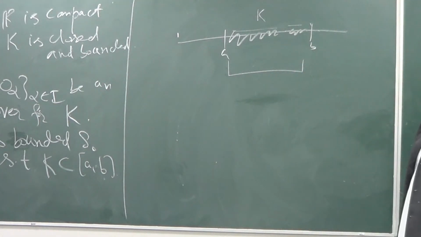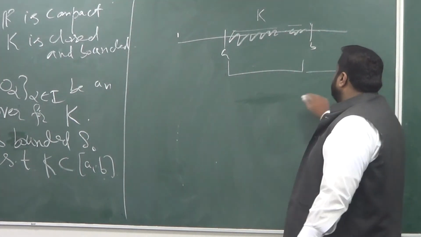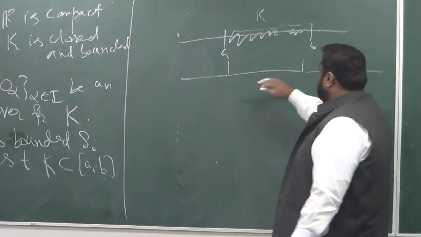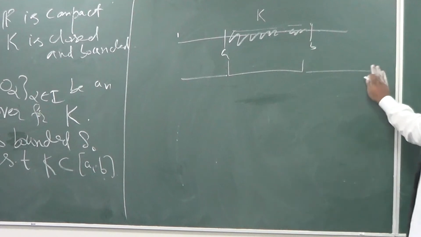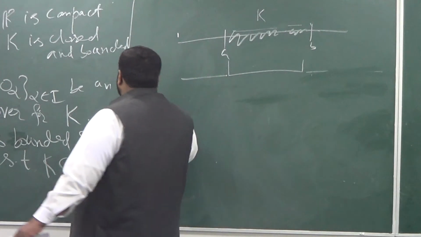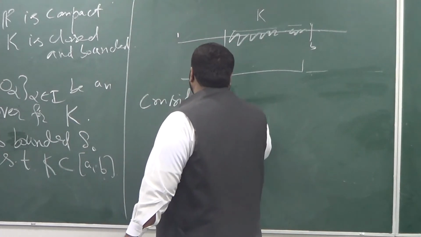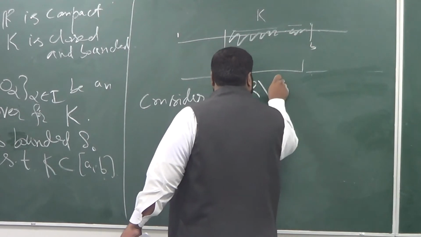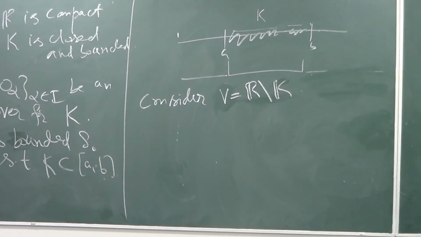What if I include this part and all this missing part into an open set? And what is all this missing part? Let me be precise. I'm saying consider V, which is R minus K. Is V open?